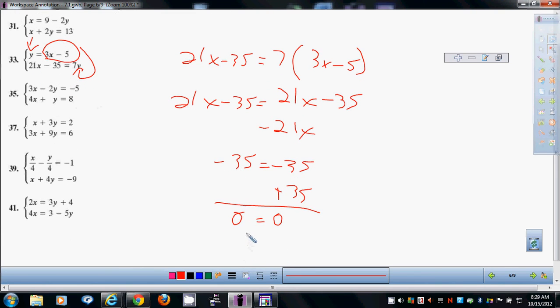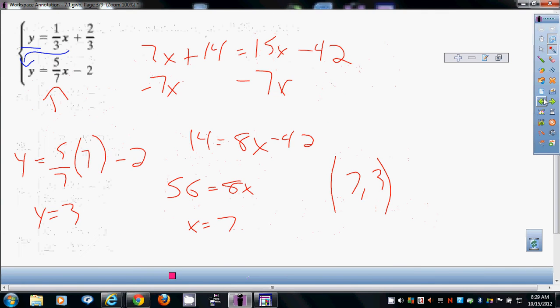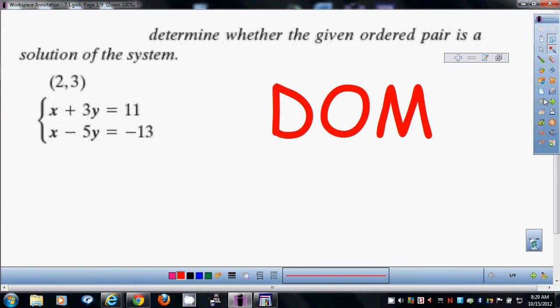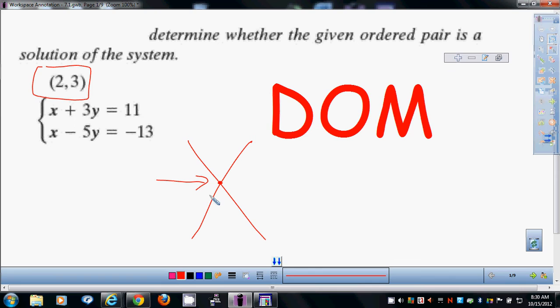This is an interesting situation. Way back here, I mentioned, I knew I'd do it, that every time you find an answer to these systems, so in this case 2, 3, that is where these lines cross. If you ever get something where everything cancels and you're left with 0 equals 0, that means you have the same line right on top of itself.